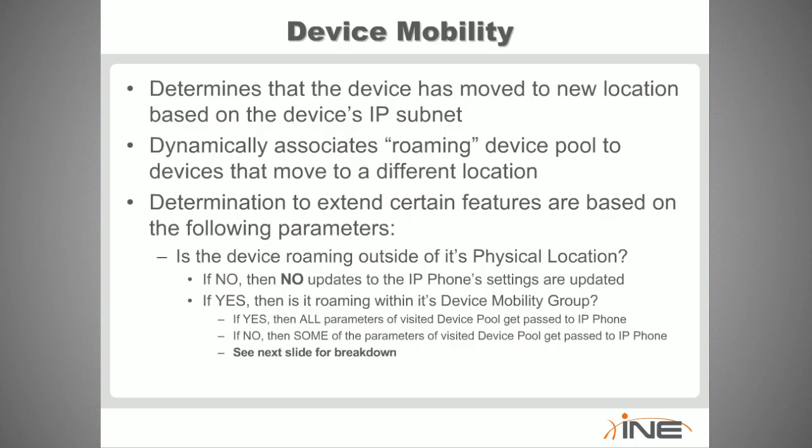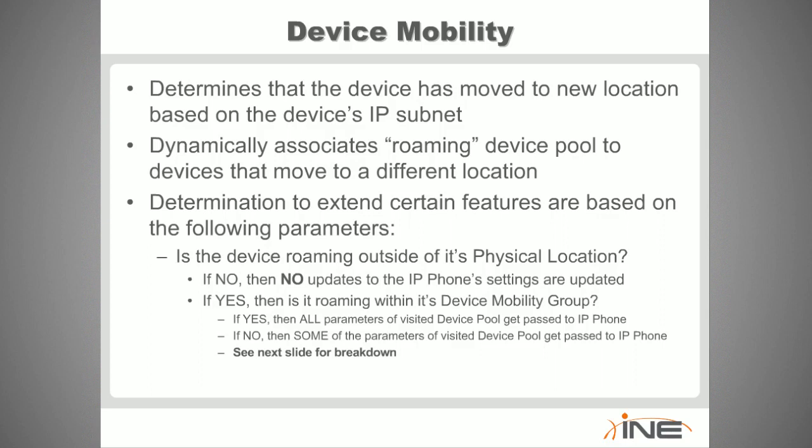Determination to extend certain features is based on the following parameters. The question is asked, is the device roaming outside of its physical location? If the answer to that is no, then no updates are going to be sent to the IP phone's settings. Okay, so no IP phone device settings will be updated.